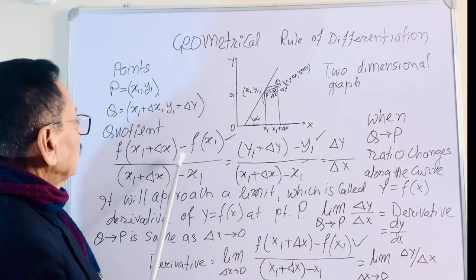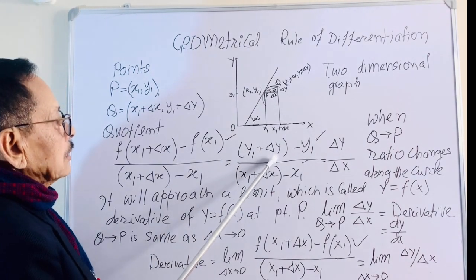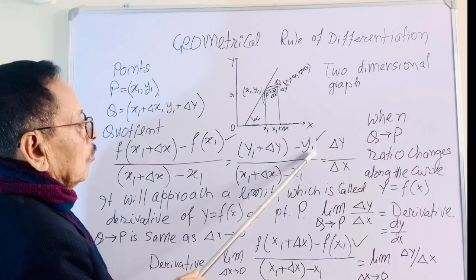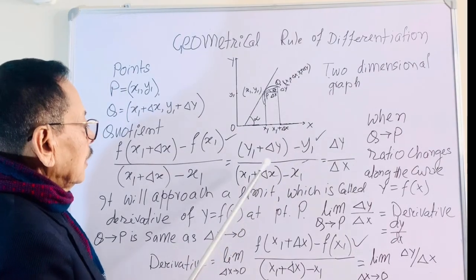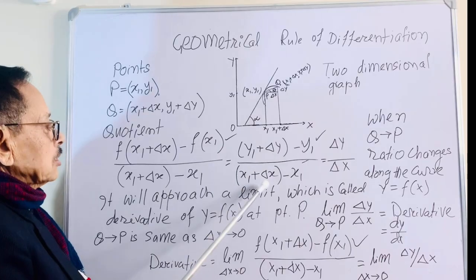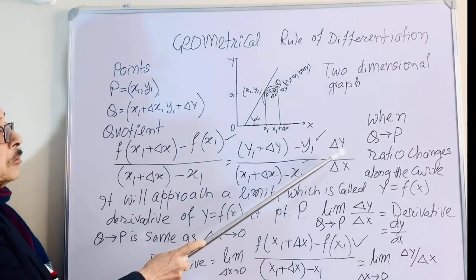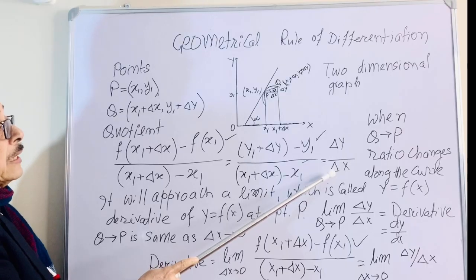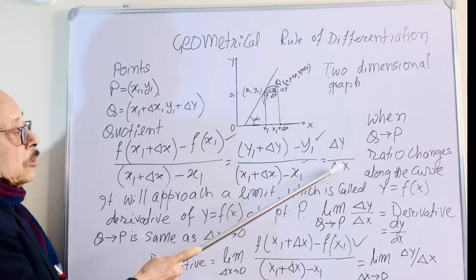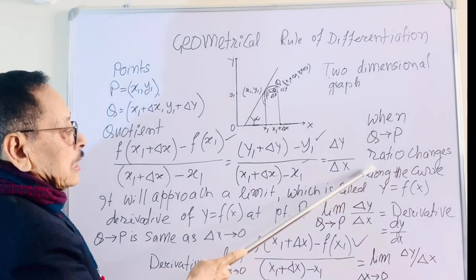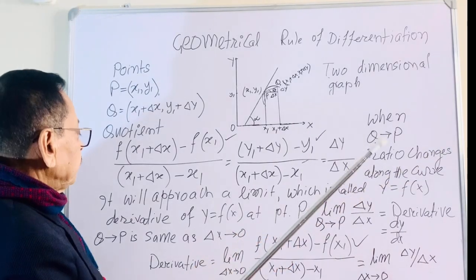This is equal to y1 plus delta y minus y1, over x1 plus delta x minus x1, which equals delta y by delta x. So this is the ratio of changes along the curve.